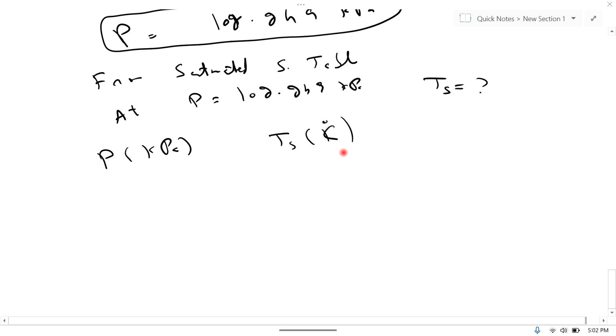This is in degree centigrade. Pressures 100 and 125 kilopascal are available, and we have to find the value at 102.249.